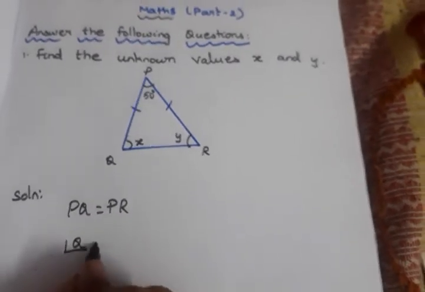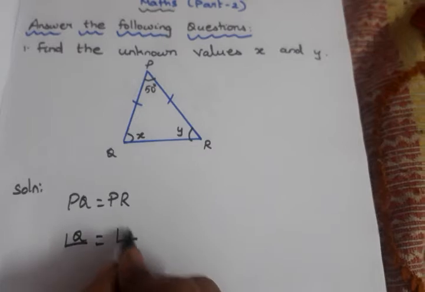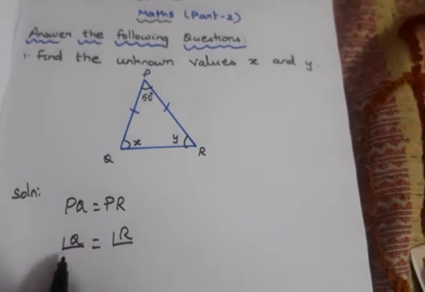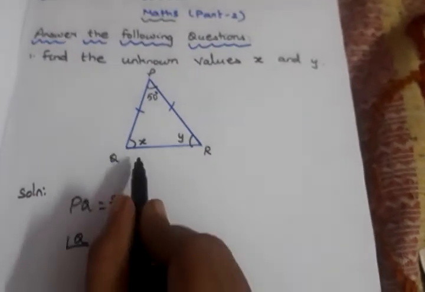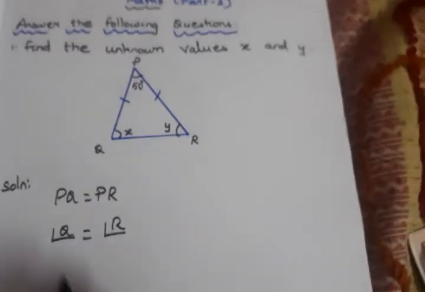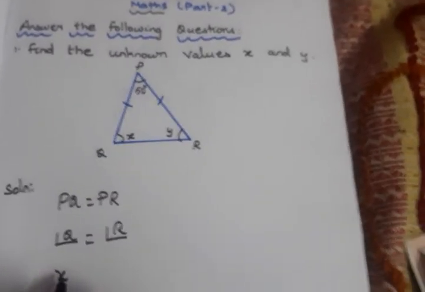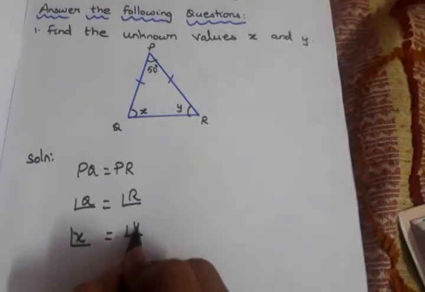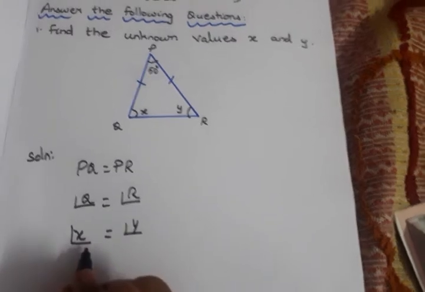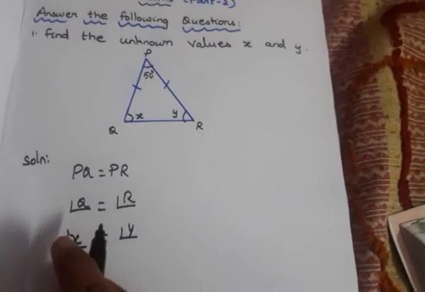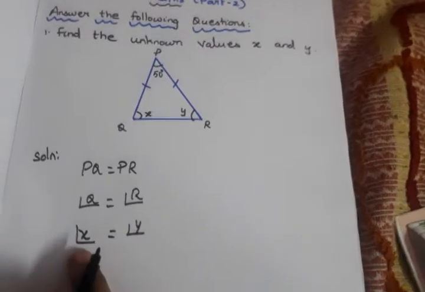Angle Q value is x, and angle R value is y. So angle x equals angle y, angle x equals x, and angle y equals y.